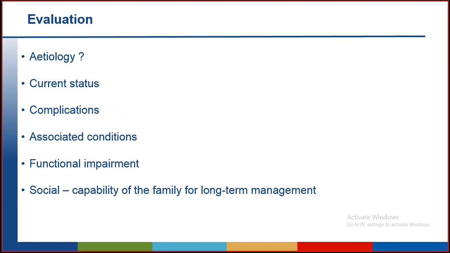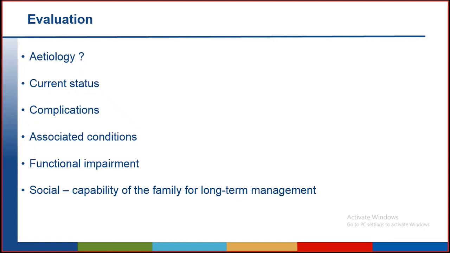And then we have to have some idea about the current status. The current state includes the complications as well. And sometimes there are associated conditions. These associated conditions may be directly related to these things. For example, the child might have neuromuscular disease, or maybe secondary systemic disease, which is directly related to this. Or sometimes there might not be a direct relationship with the current respiratory disease.